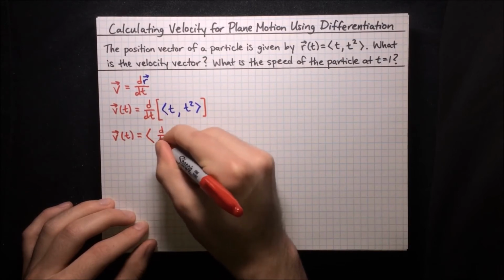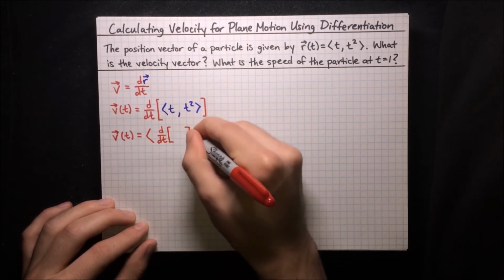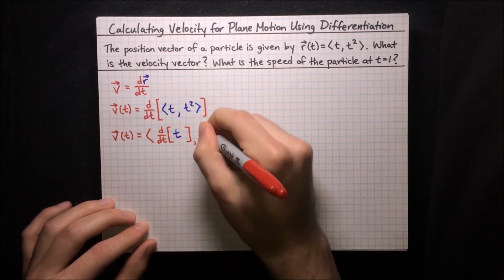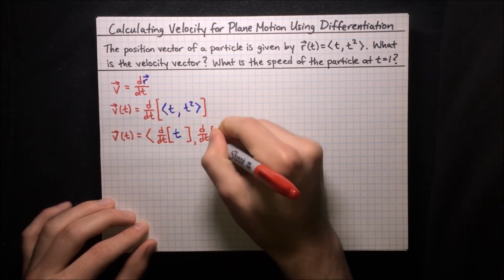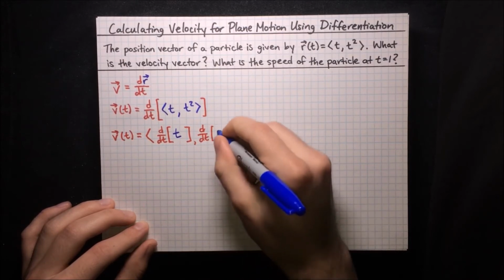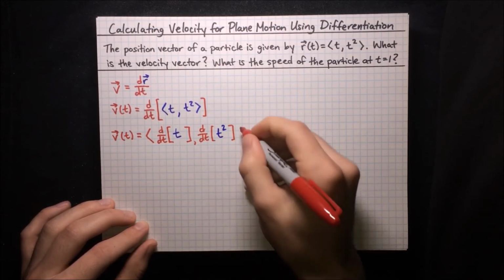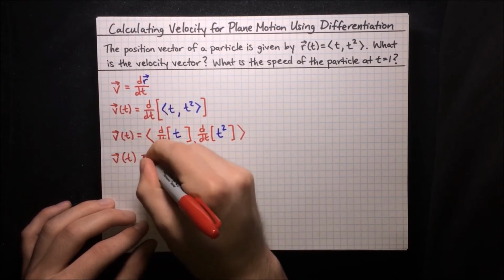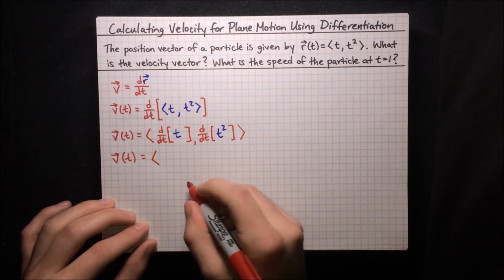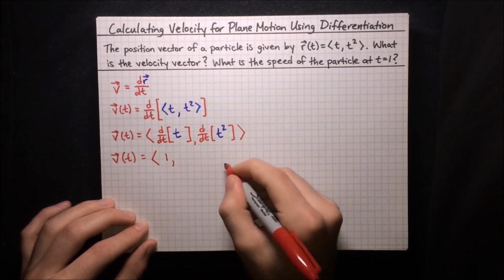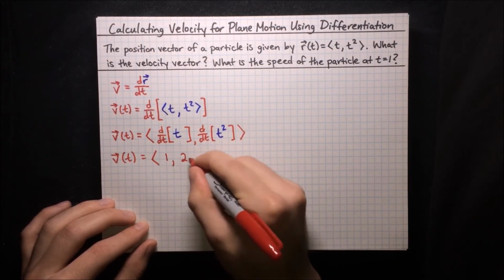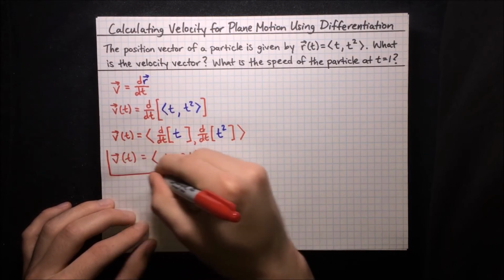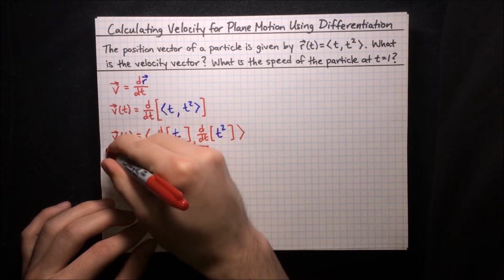So d over dt of the first component, t, and then d over dt of the second component, t squared. And then we take those derivatives, so v of t is equal to, derivative of t is just 1, derivative of t squared, using power rule, that's just 2t. So there we go. This is our velocity vector, 1, 2t.